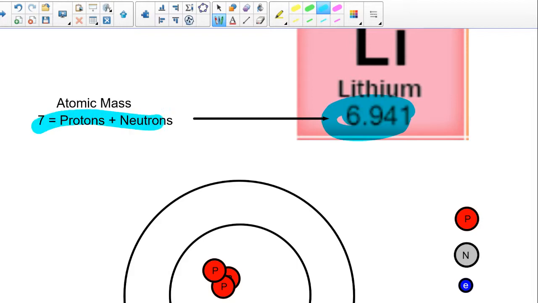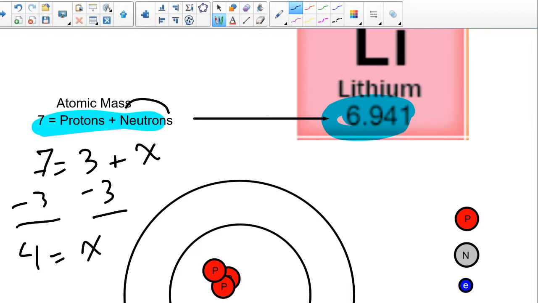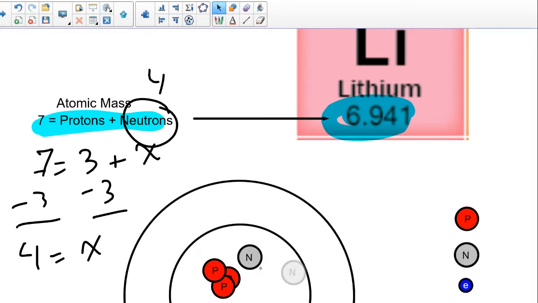So 7 has to equal the number of protons plus the number of neutrons. But I already know that my number of protons was 3. So 3 plus what will give me my number of neutrons? Well, if I subtract 3 from each side of this equation, I'm going to get 4 is equal to x. So therefore, I'm going to need 4 neutrons. So again, going back and throwing in my 4 neutrons. There's my nucleus. Not a very nice one, but it's there.